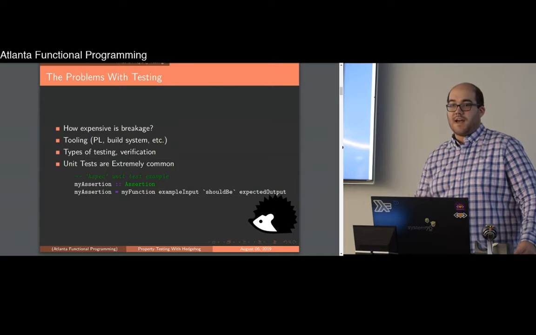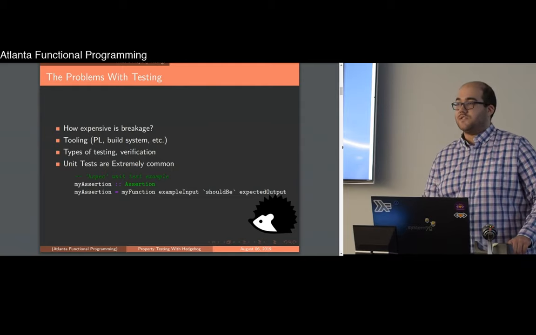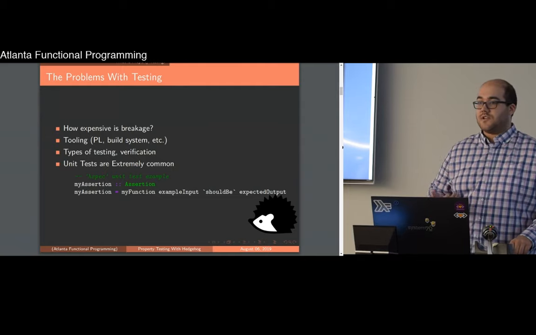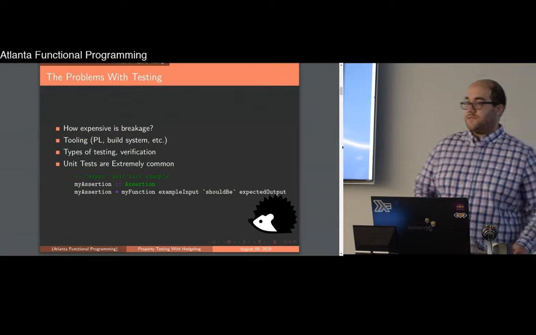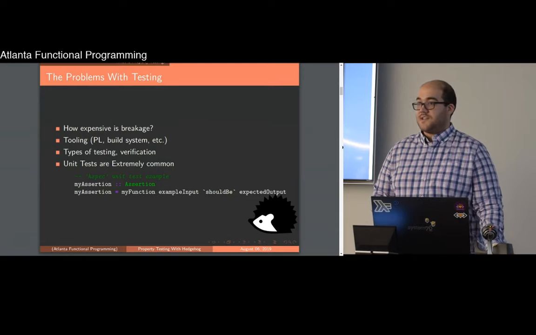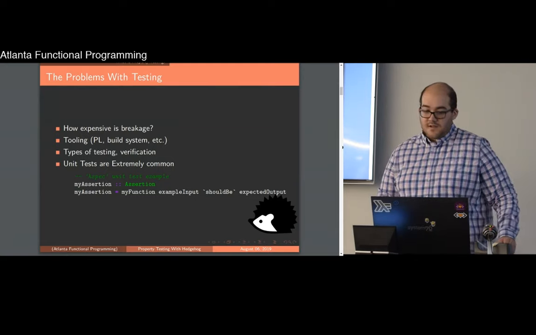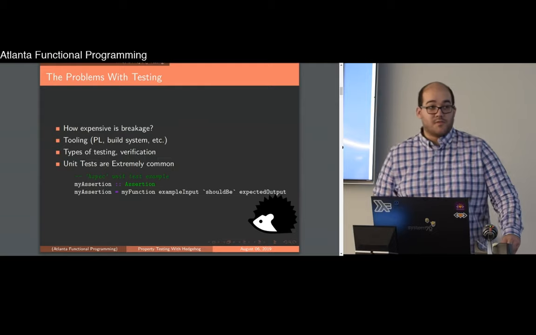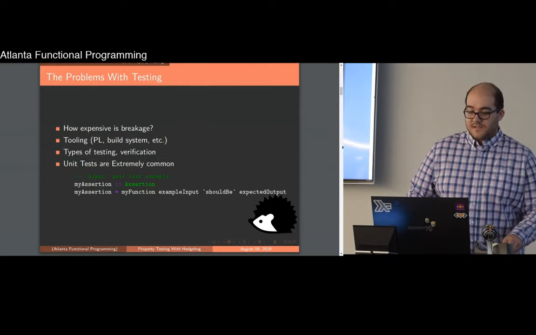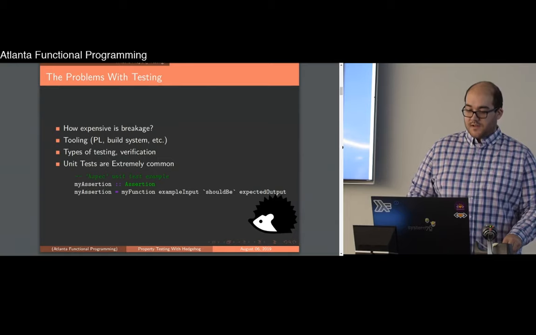They will produce a mathematical proof that your code is correct under certain invariants. So that's what formal verification is. It's very costly, it takes a lot of time, and there's not a lot of people in the world who can do it. So most of the time you don't need that.